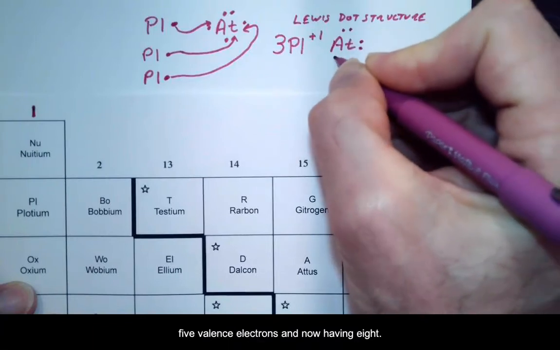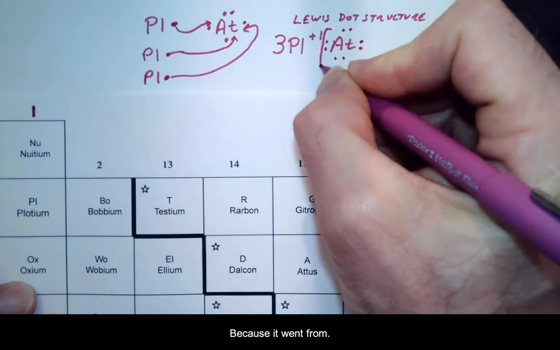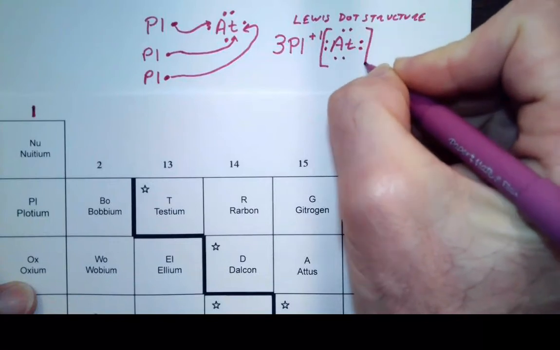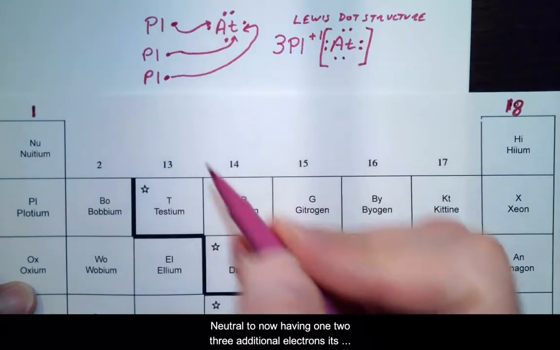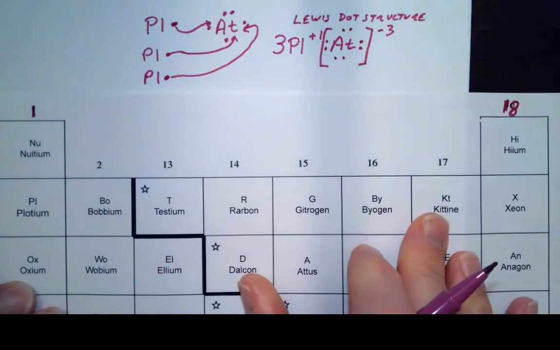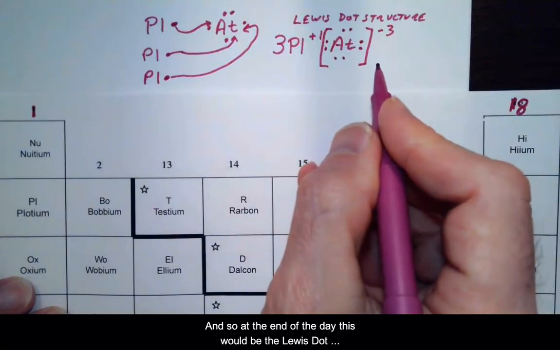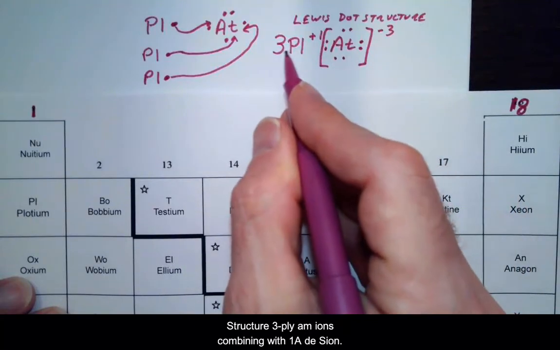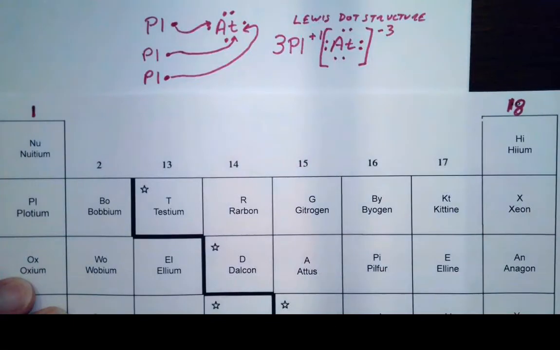It went from having 5 valence electrons to now having 8. And because it went from neutral to now having 1, 2, 3 additional electrons, it's going to have a charge of -3. And so at the end of the day, this would be the Lewis dot structure, right? 3 platium ions combining with 1 Addis ion.